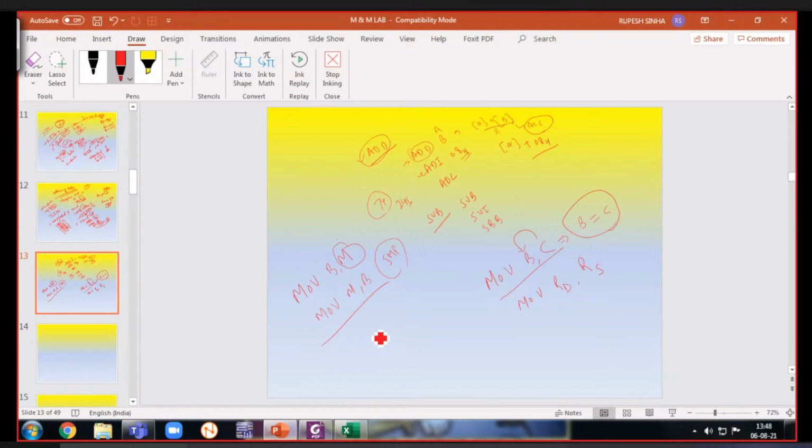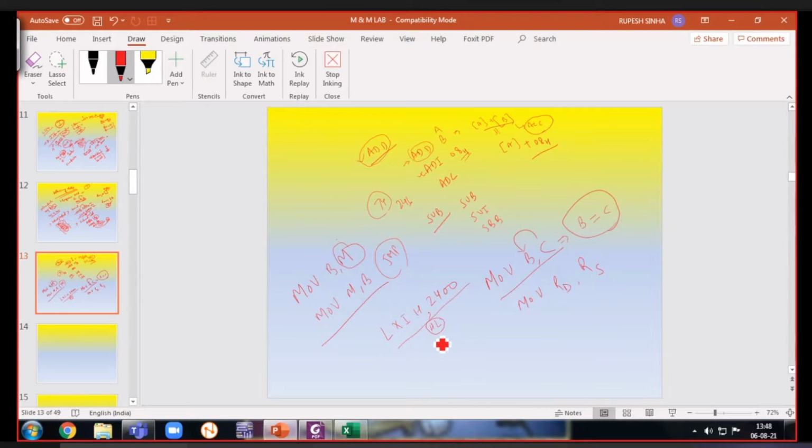Suppose I am writing LXI H 2400. The meaning of this instruction is that this H is nothing but the HL pair.